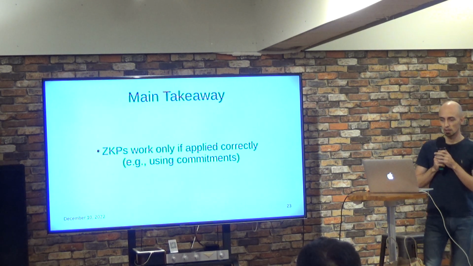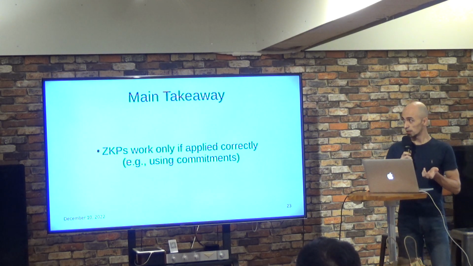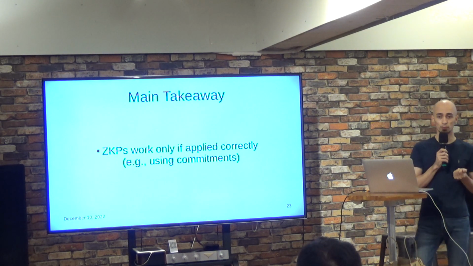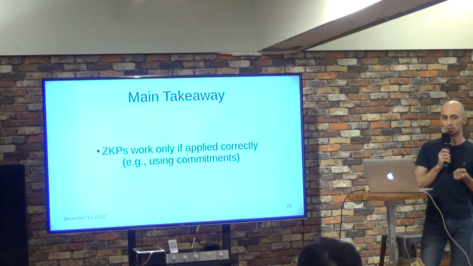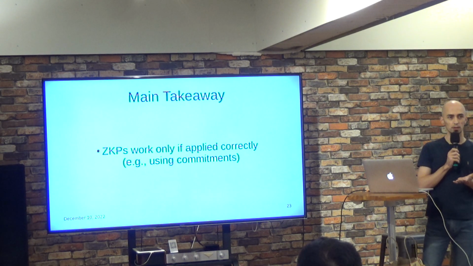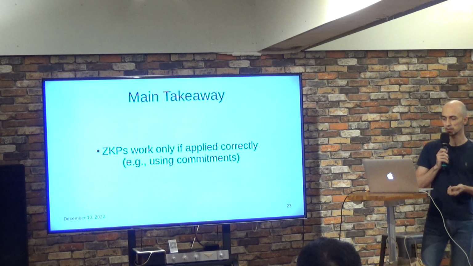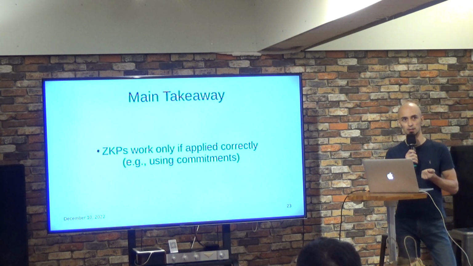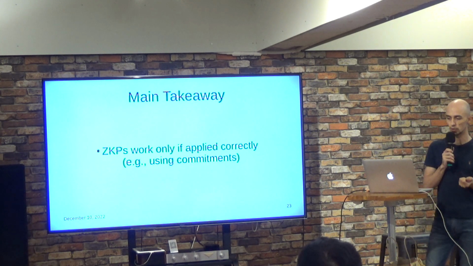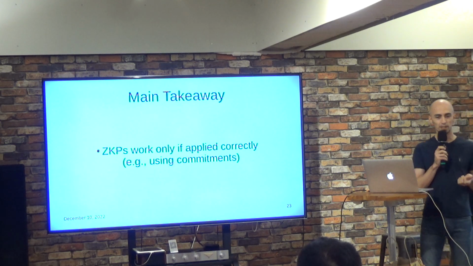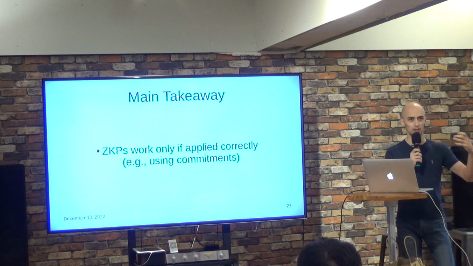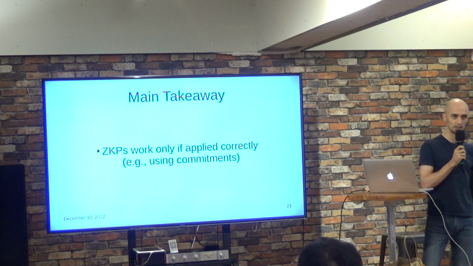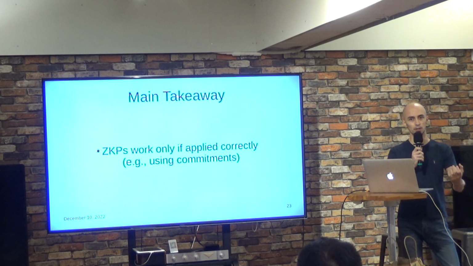So, the main takeaway is that zero-knowledge proofs themselves are great, but you have to apply them correctly. Like in this case, if there was no commitment scheme used in this application, then the proof would just basically perform some computations and tell us that there exists some data that yields a certain result.